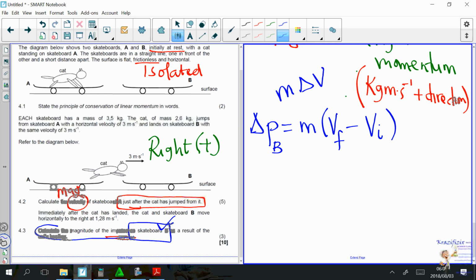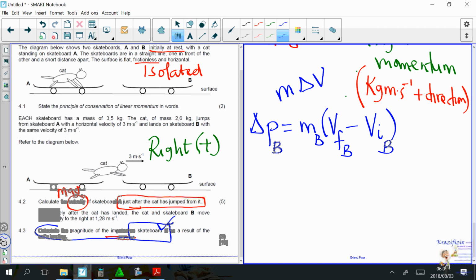If I use B, then I've got to use the mass of skateboard B, the final velocity of skateboard B, and the initial velocity of skateboard B. Please do not use the mass of the cat and mix it up with the velocity of the skateboard.